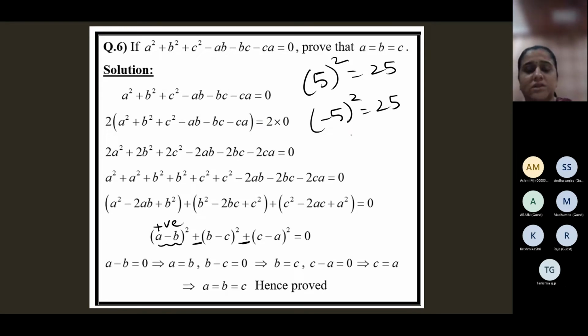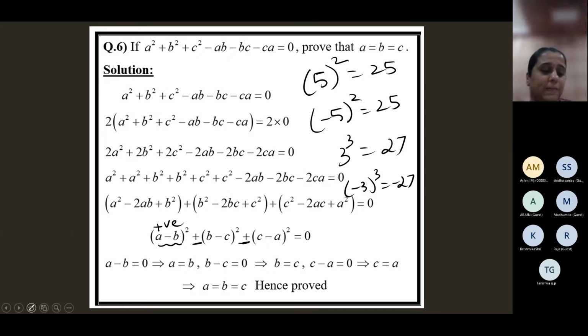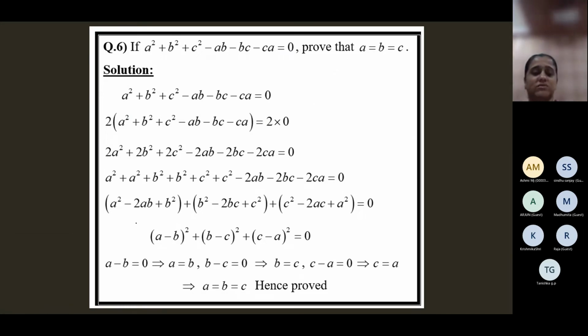When you cube, the result may be positive or negative, because 3 cubed is 27, but minus 3 cubed is minus 27, because minus 3 into minus 3 into minus 3 is minus 27. When you cube, the result may be positive or negative, but when you square, the result is always positive.